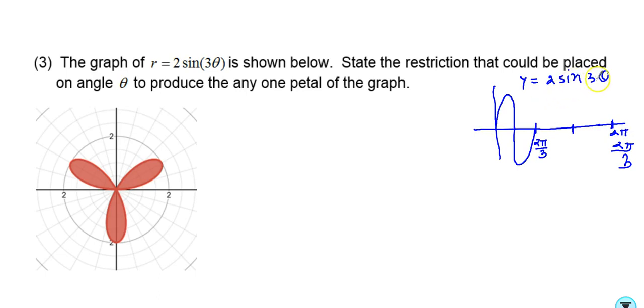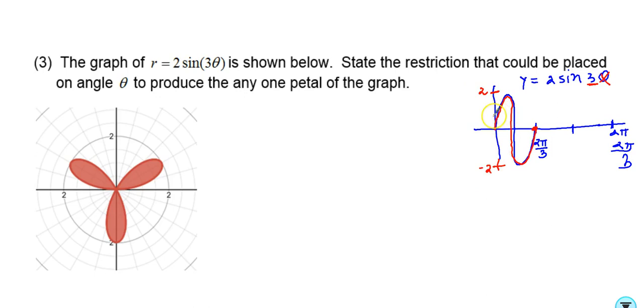In pre-calculus, we learn, let's say, 2 sine 3x. b is a 3. Period is 2 pi over b, which is 2 pi over 3. If period is 2 pi over 3, which means the sine graph completes one loop in 2 pi over 3, the radius, the magnitude, the amplitude is a 2.